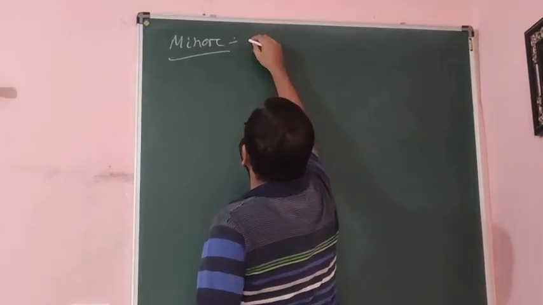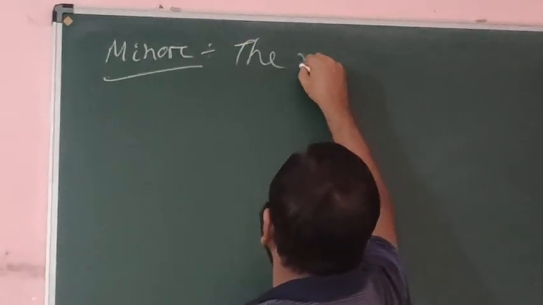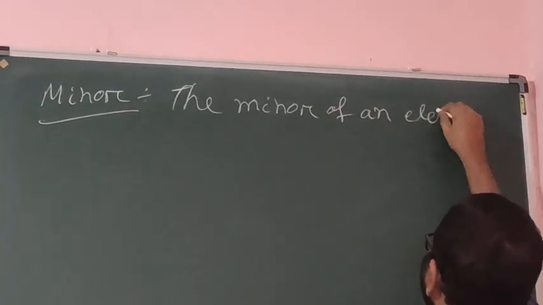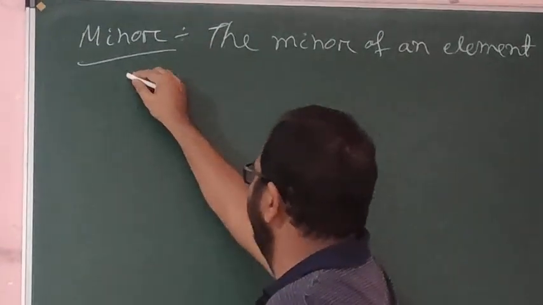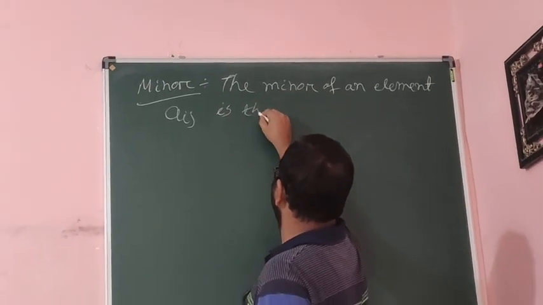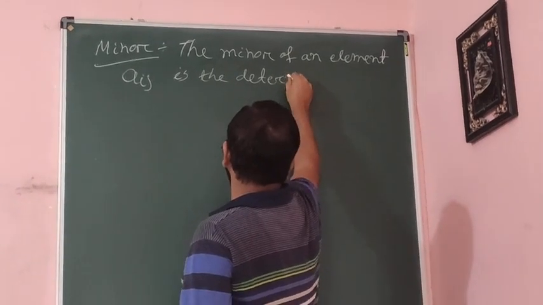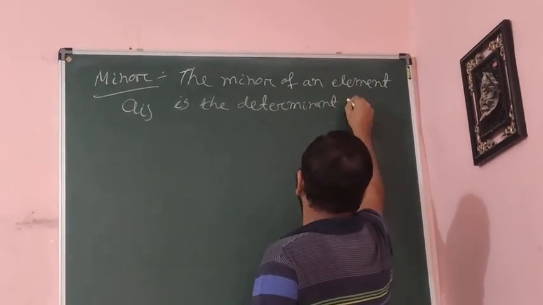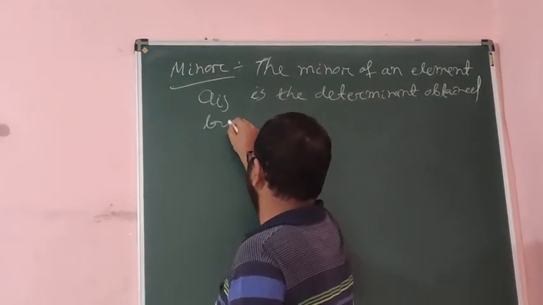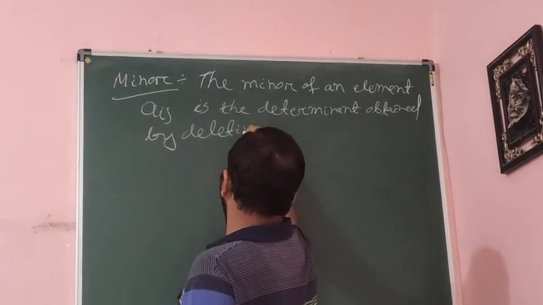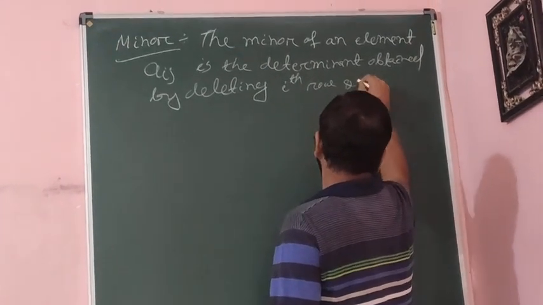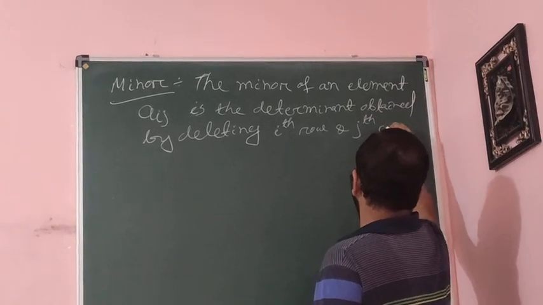The minor of an element Aij is the determinant obtained by deleting the ith row and jth column.